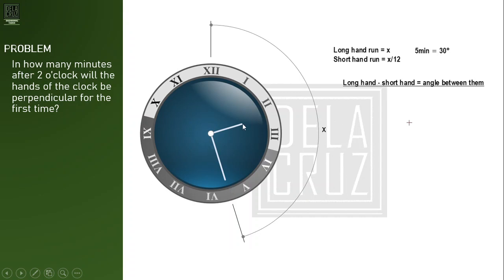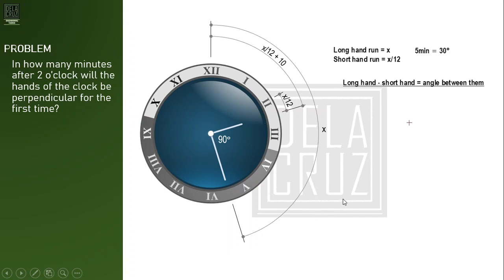Now, take note that yung ating short hand starts from the 2 mark. Ito yung ating 2 o'clock mark. So, this is our x over 12. Ito yung run ng ating short hand. Okay. And as I have said, this perpendicular is equivalent to 90 degrees with each other. Ganyan, no?